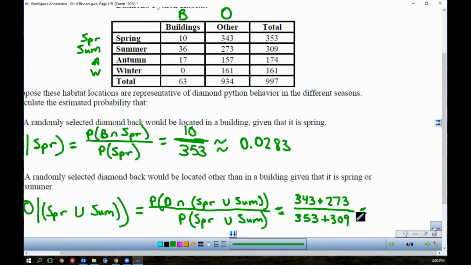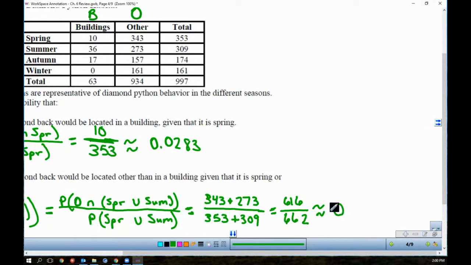So if I add these up, what is it, 616? 12, 6. And to 4 decimal places, that's approximately what? 0.9305.